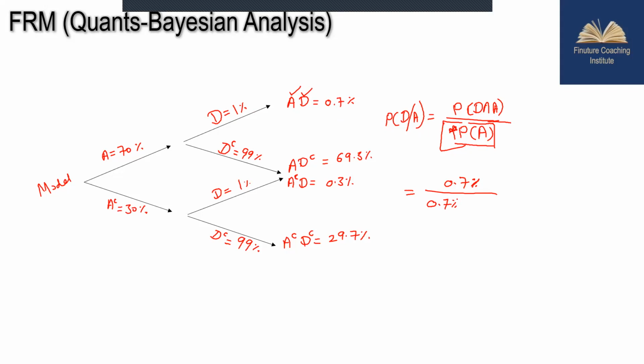0.7%. And very important thing, now understand that there is another scenario wherein, if you look at this scenario, the model is not accurate. So when you say there would be no default, actually you end up getting default. So that information you have to factor in correctly.